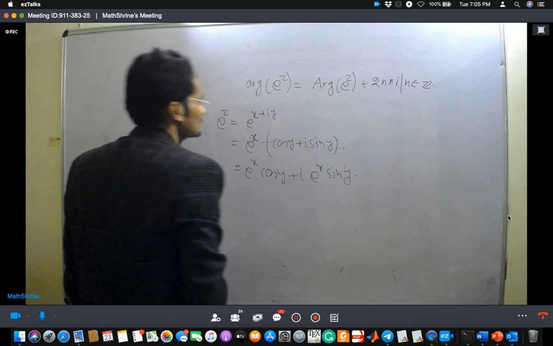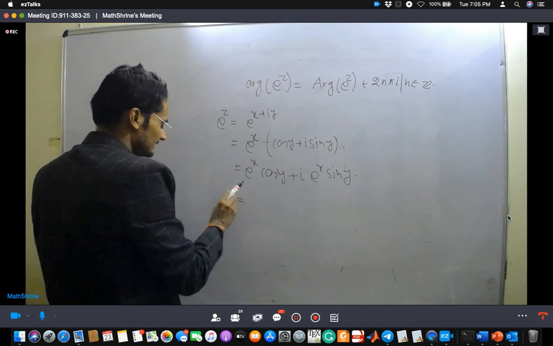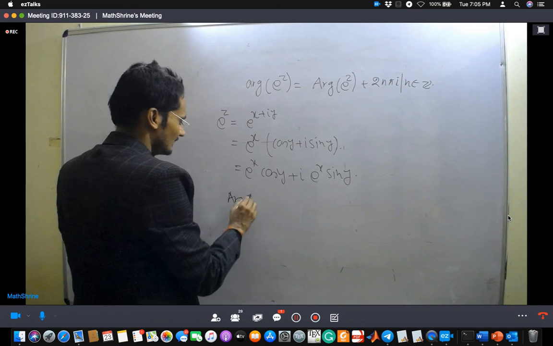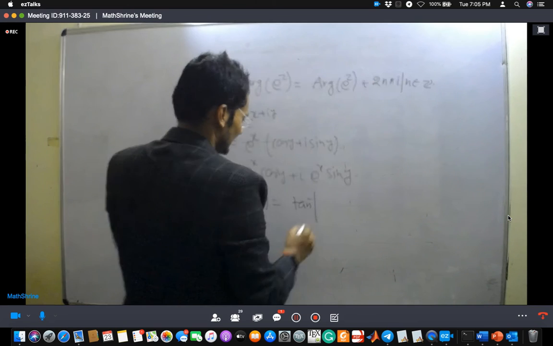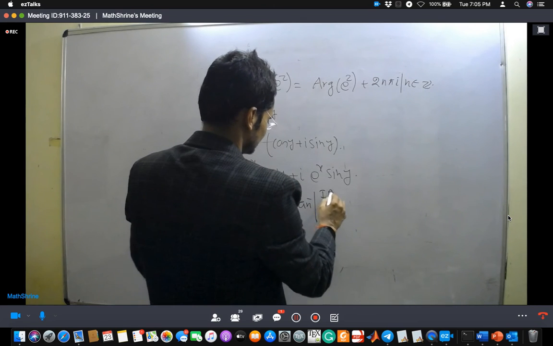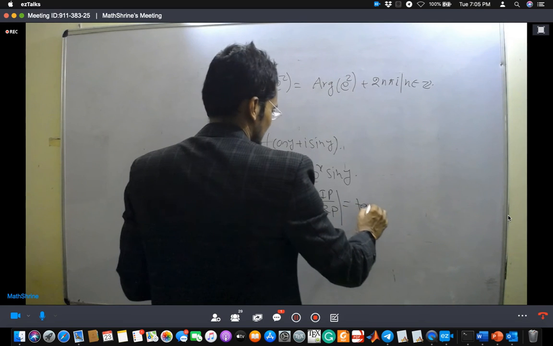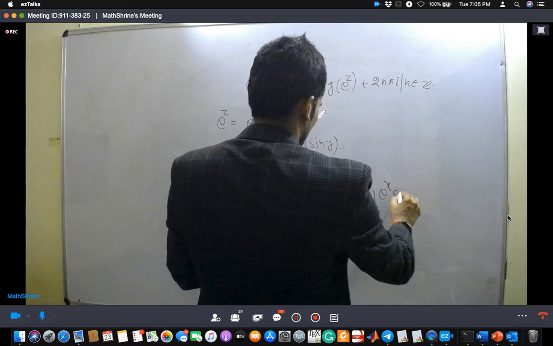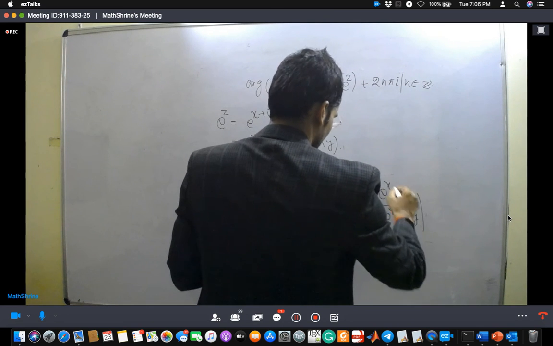This will come out as tan inverse of e to the power x sin y upon e to the power x cos y, which comes out simply y. So the argument came out as y plus 2n pi i, n belonging to the integers.